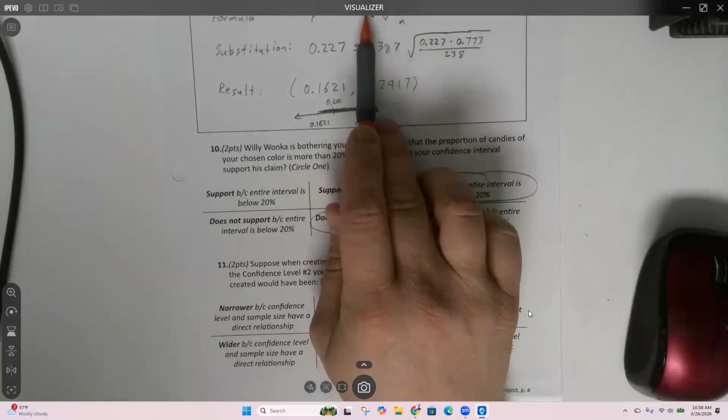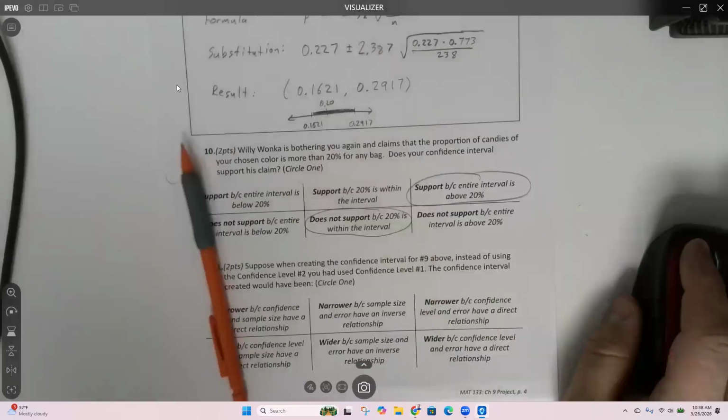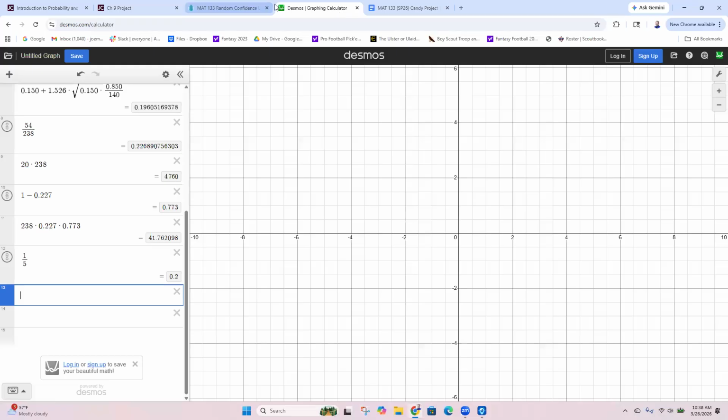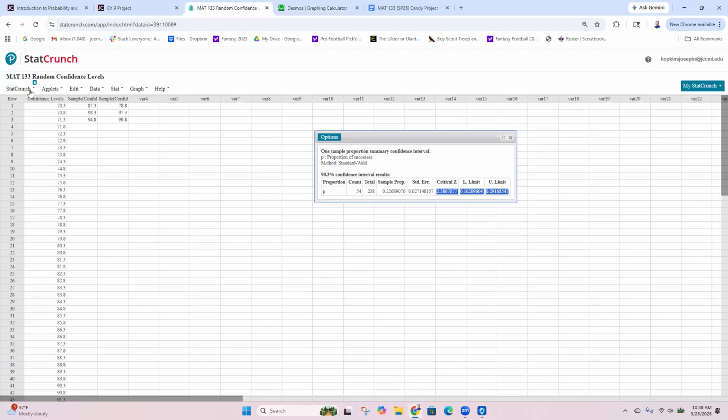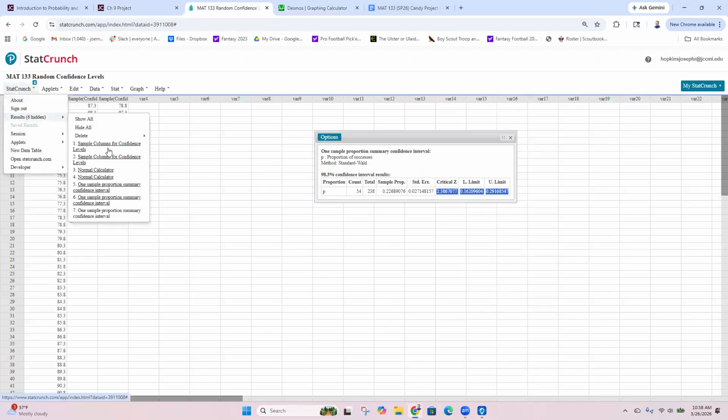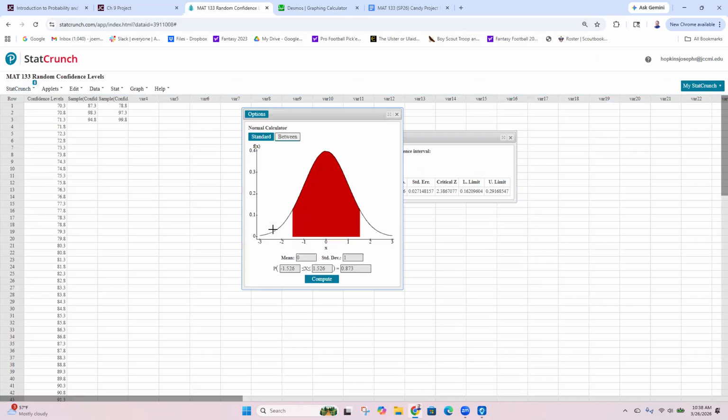And we put alpha over 2 because you'll remember that in our calculator, we said we wanted to do between. So the alpha is the white space. Your confidence level is the red space here. Your alpha is the white space, and it's split in half. Some of the white is over here on the left, some of the white is over here on the right.